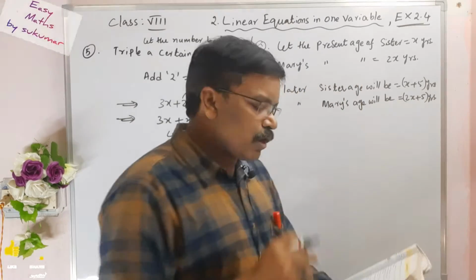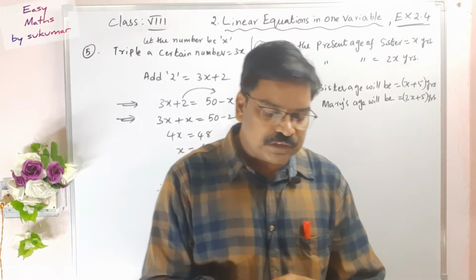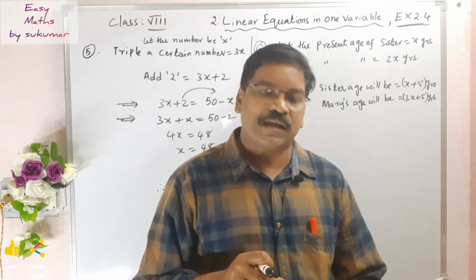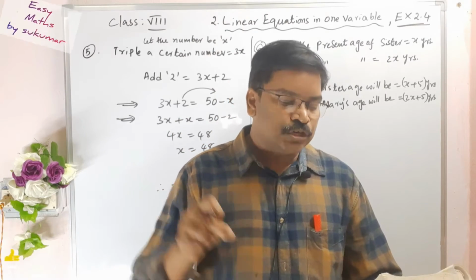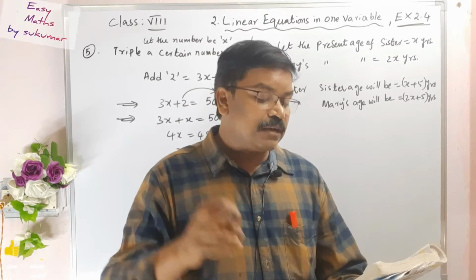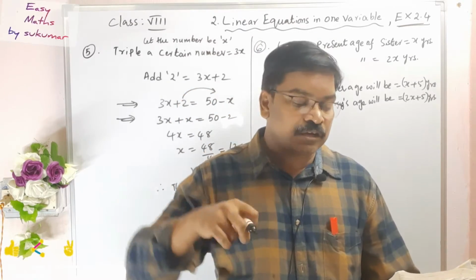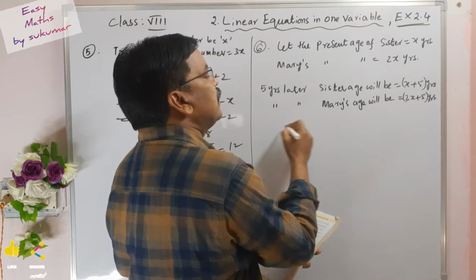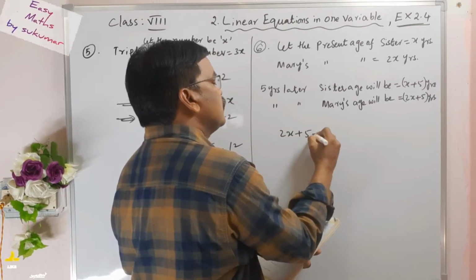Okay, now according to the problem, what is given here? In 5 years' time she will be 2 years older than her sister. That means 5 years later Mary's age is 2x plus 5.